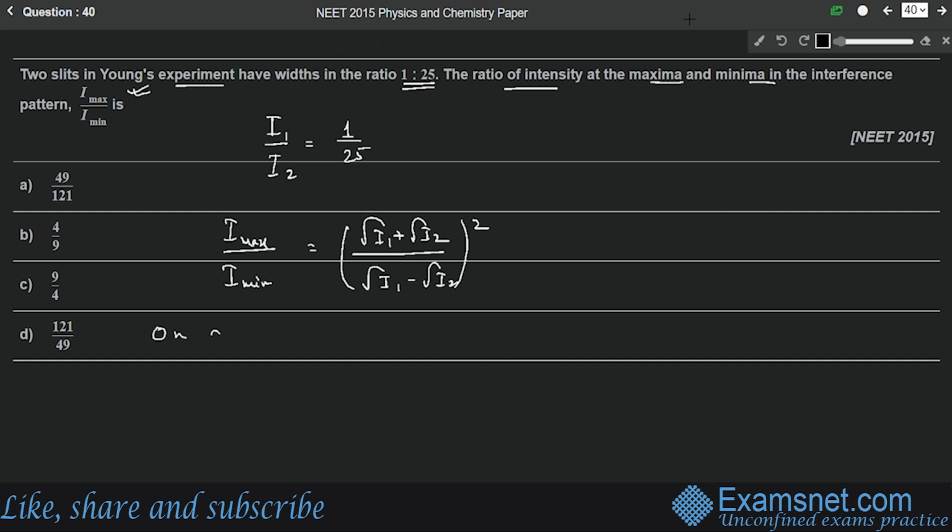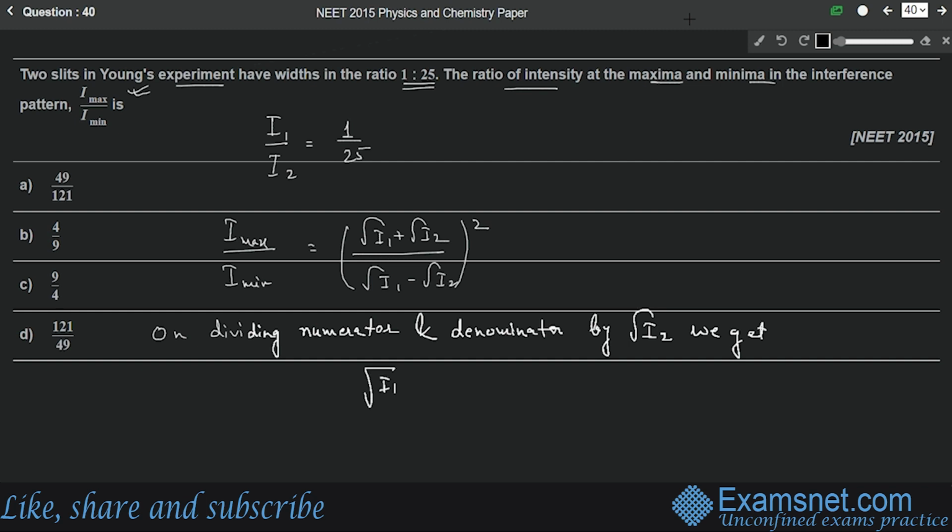So dividing the numerator and denominator by root I2, we get, what do we get here? We'll get (under root I1 by I2 plus 1) upon (under root I1 by I2 minus 1).